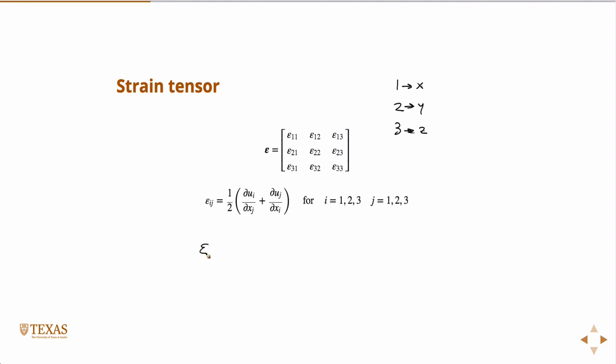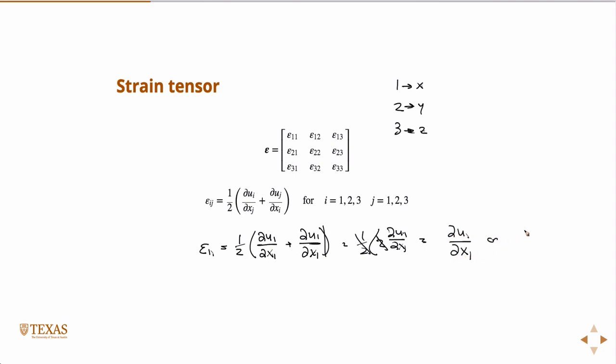If we just choose, say, epsilon 11, then you'll see that this is 1/2 partial u1 partial x1 plus partial u1 partial x1, or 1/2 times 2 partial u1 partial x1, and the 2s cancel, and so you just get partial u1 partial x1, or in xy, to follow the convention we were using, partial ux partial x.